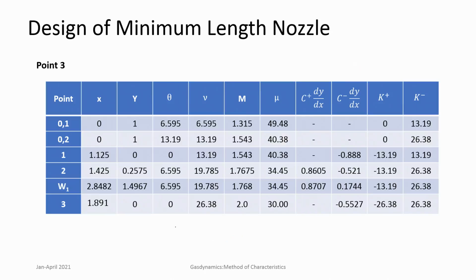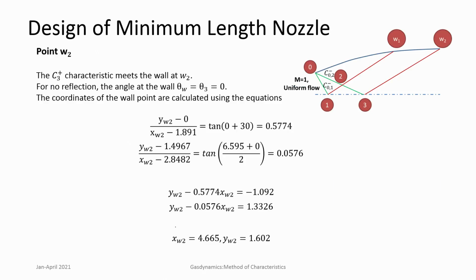Okay, so you got value of these different numbers now. Now you can further go to wall point 2. At wall point 2, the value of theta is 0, so it is the end. So it has become parallel to the x axis. So you get a uniform flow here.